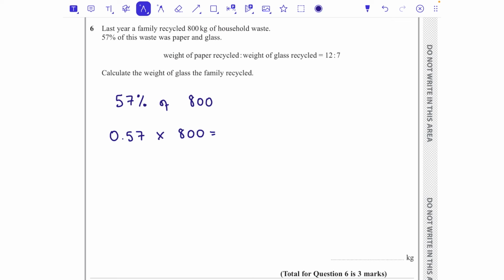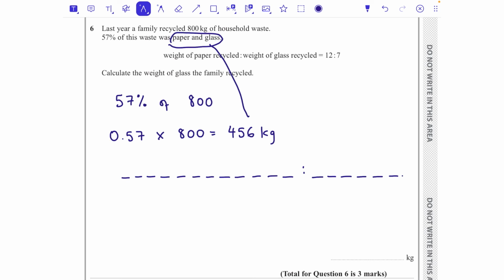So 0.57 times 800 is 456, just using my calculator there. Now we've got to take that 456 kilograms, that is paper and glass. So now I want to share it in the ratio 12:7. So 1, 2, 3, 4, 5, 6, 7, 8, 9, 10, 11, 12. 1, 2, 3, 4, 5, 6, 7.